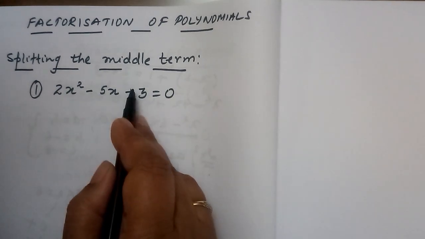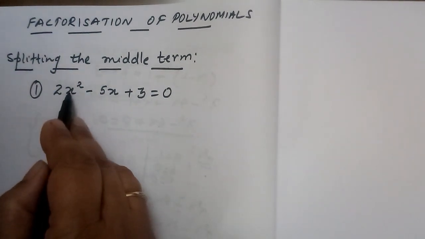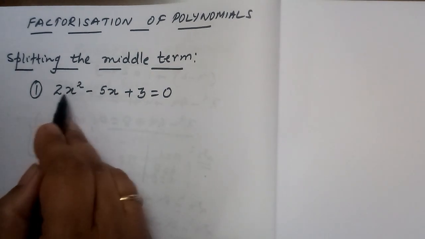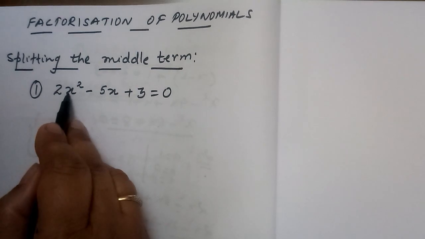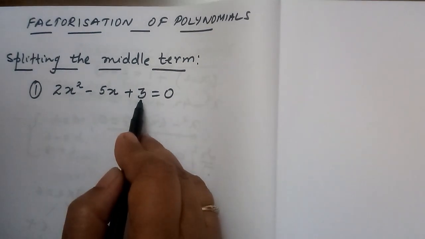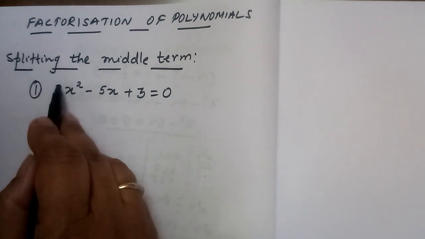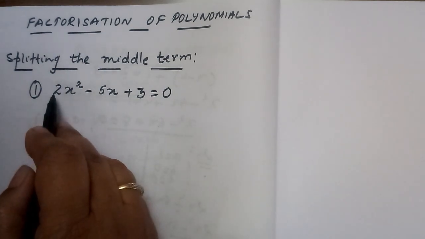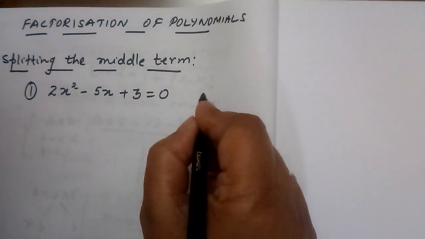You take the constant term and you multiply it by the number which is sitting with x square. So over here with x square, I have 2. In fact, I call 2 the coefficient of x square. So I multiply the constant term with the coefficient of x square. Again over here, if you have a minus sign, you take that minus sign also. So 3 into 2 gives me 6.